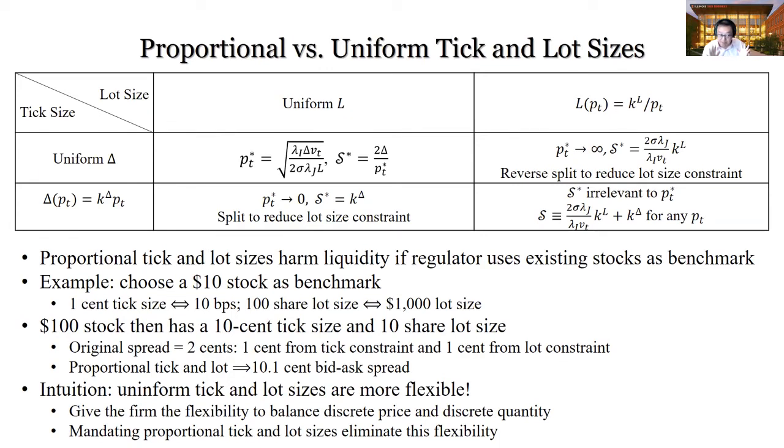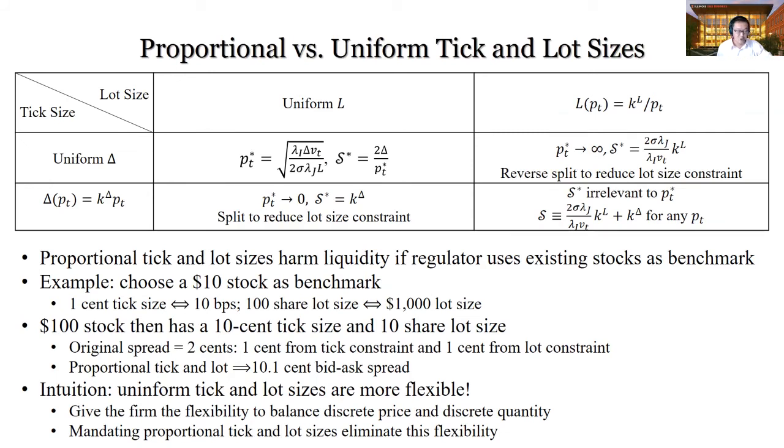But it will be bad for this stock. Why? Suppose its original was optimal. This is a liquid stock, so the original spread is 2 cents: 1 cent from the tick constraint and 1 cent from the lot constraint. If you move to proportional tick and lot sizes, the tick constraint part will be 10 cents. You will reduce the lot constraint part to 0.1 cent, but it's still a 10.1 cent bid-ask spread.